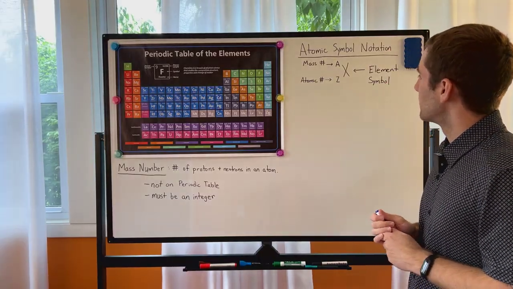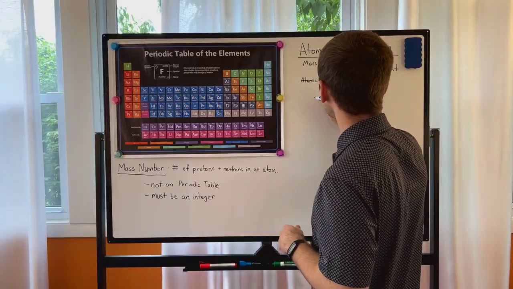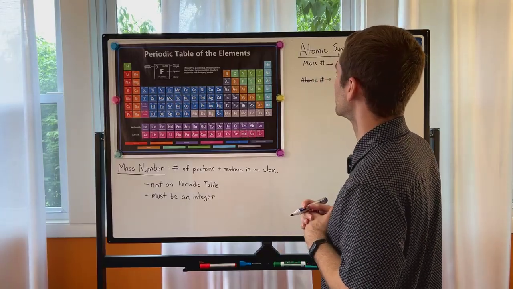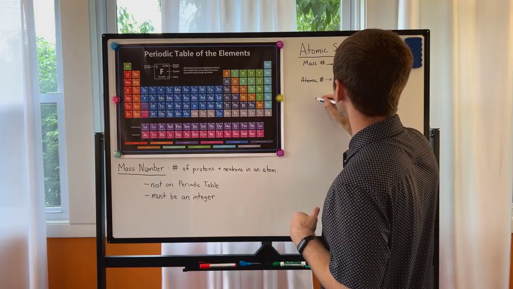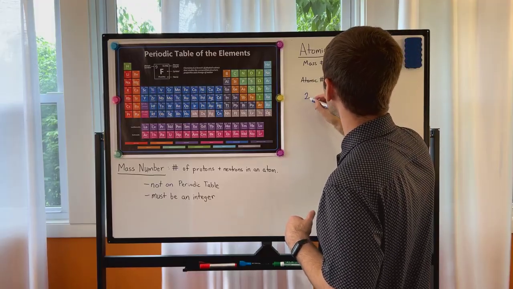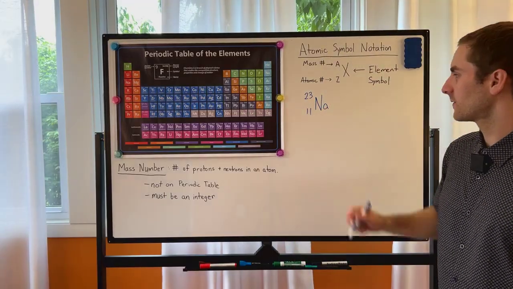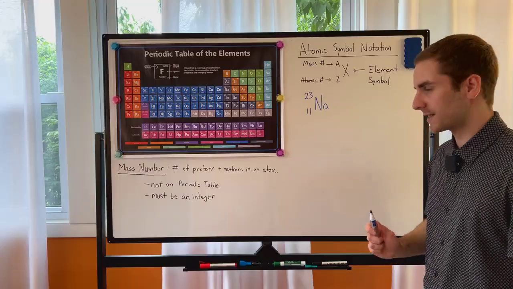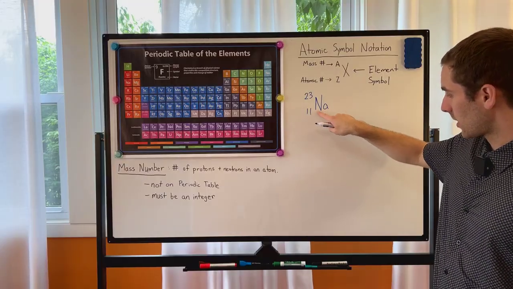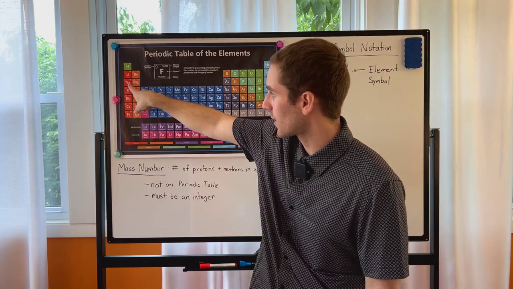So, for example, if we have this, how we read this is that our element symbol is Na, which is right here.